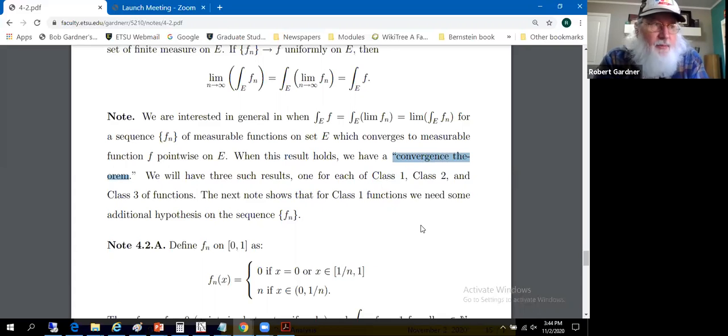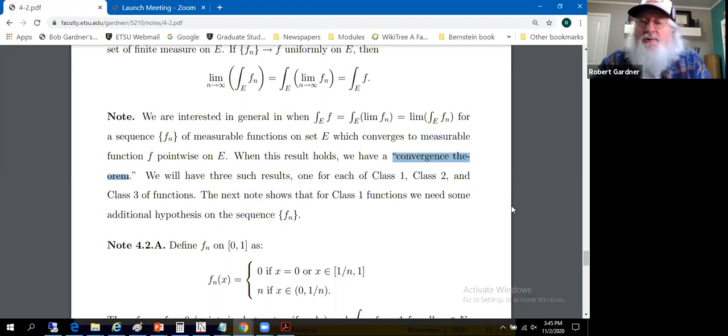I belittled that one by calling it class 0, but it was a foundation. We're going to see convergence theorems for each of class 1, class 2, and class 3. There will be a linearity and monotonicity result for all 4 classes of functions, and a convergence theorem for all but class 0.